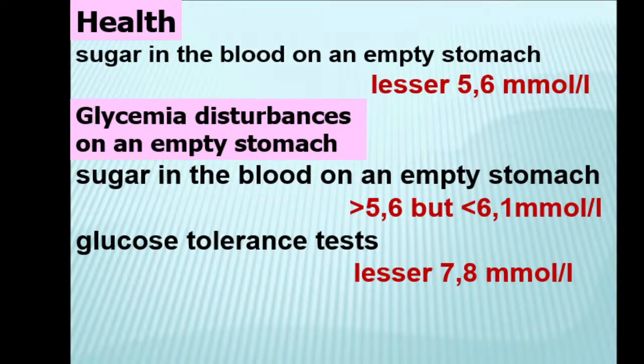Correction of weight and physical activity are obligatory. If the blood sugar is increased on an empty stomach, but the glucose tolerance test is less than 7.8 millimole per liter, our conclusion will be glycemia disturbance on empty stomach. This patient needs some dietary correction. It is a pre-diabetic state.